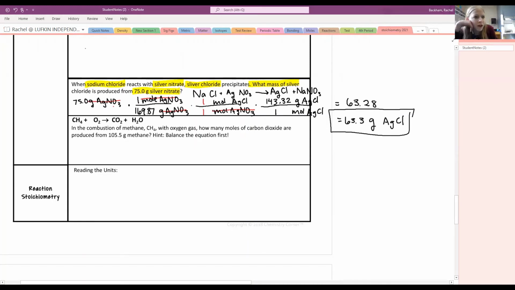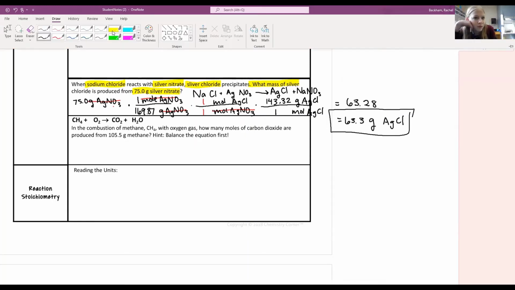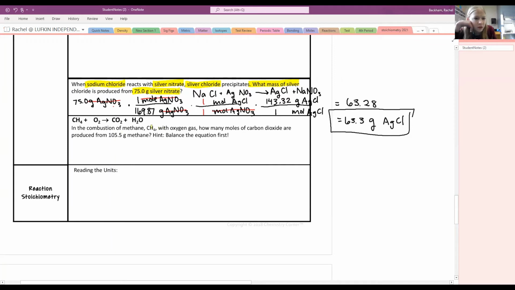So this next problem I'm going to have y'all do on your own, but I'm going to highlight what looks important to me. Thankfully, it's already written out for you. And it looks like we're starting with 105.5 grams, and we're trying to get to moles of carbon dioxide. So my A is methane. That's what I'm starting with.